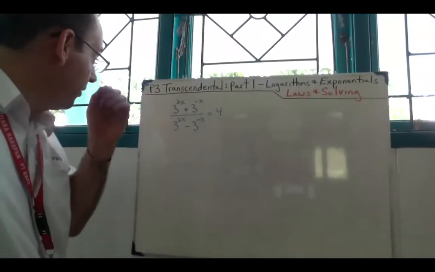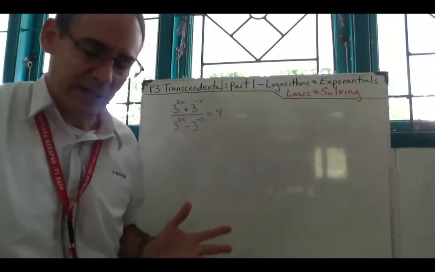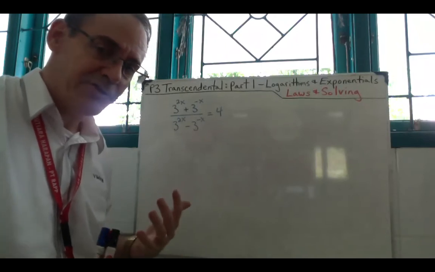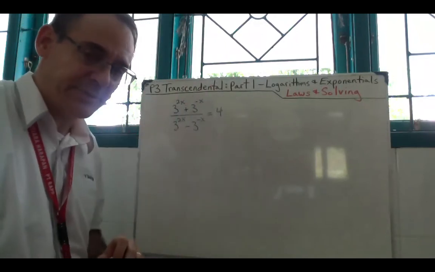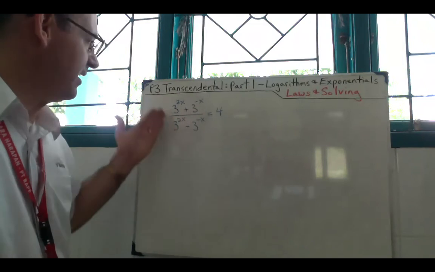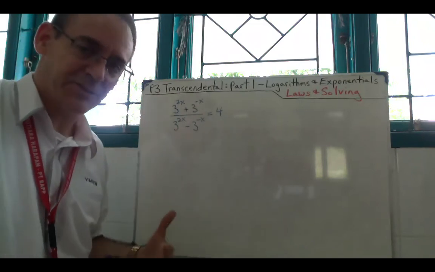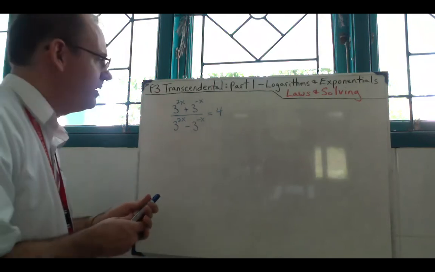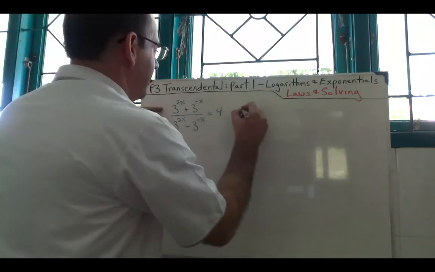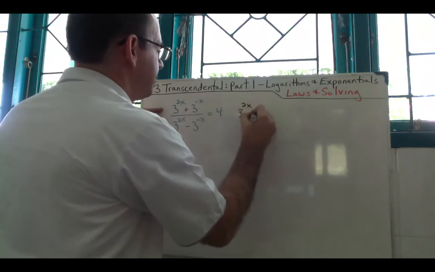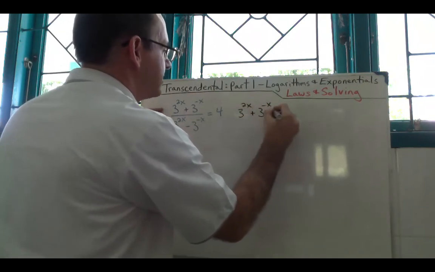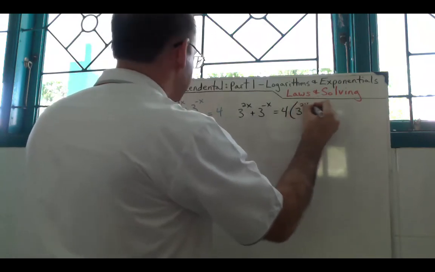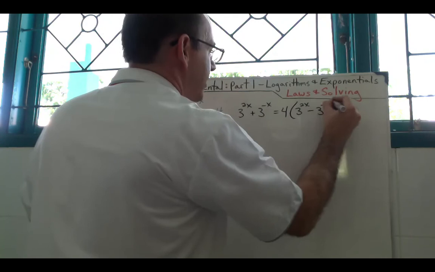And remember, we're dealing with exponentials. You follow exponential rules as you work through this, but we can also use the algebra on the outside of our exponential functions. So the first thing I notice is we have a fraction, so we want to multiply by the denominator to make this disappear. So this is going to become 3 to the 2x plus 3 to the negative x equals 4 times (3 to the 2x minus 3 to the negative x).